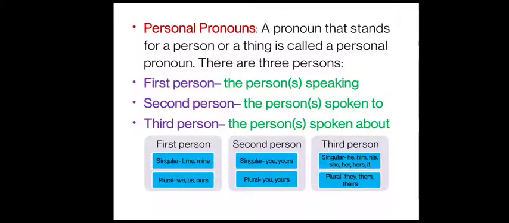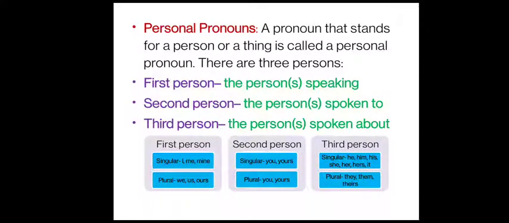So let us see the uses, meaning what words you can use in place of a noun. Okay. So first person, singular: I, me, mine. For plural: we, us, ours. Second person, singular: you, yours. Plural: you, yours.